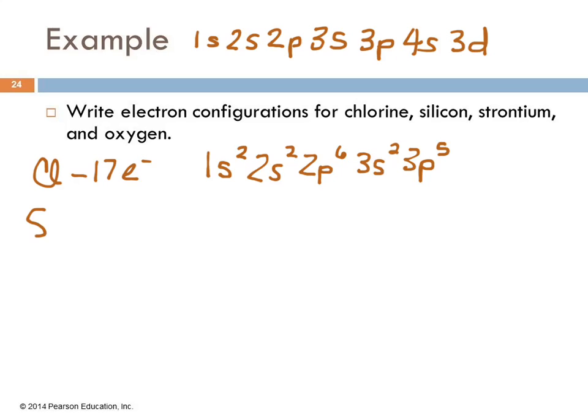How many electrons does silicon have? 14. So that's going to be 1s2, 2s2, 2p6. So now we're up to 10 electrons. We've got 4 left.